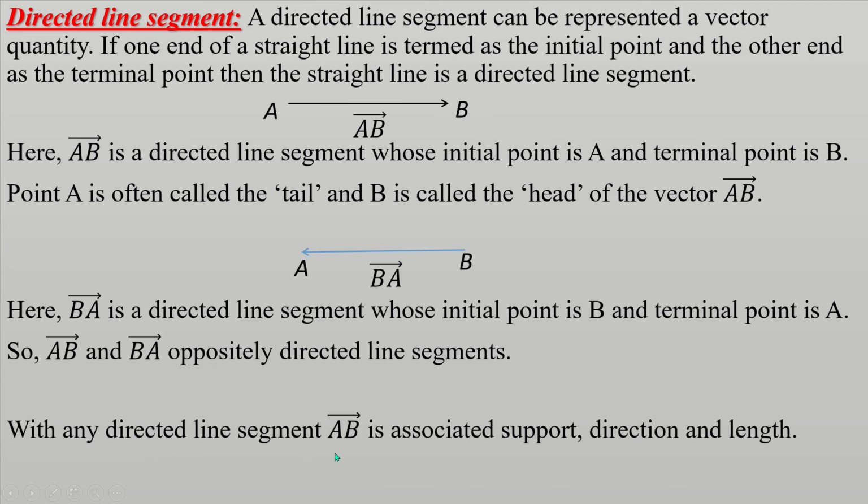With any directed line segment AB are associated support, direction, and length or magnitude. Now I will explain support, direction, and length or magnitude.